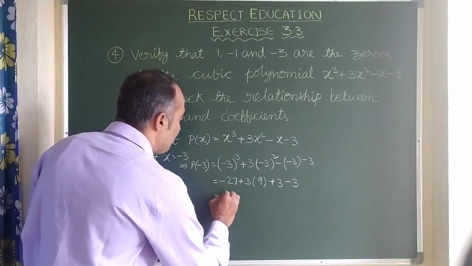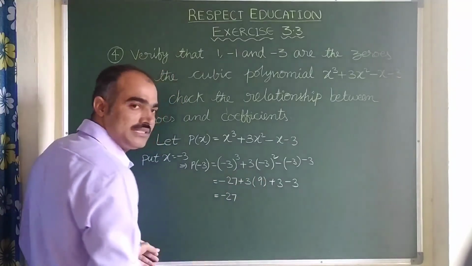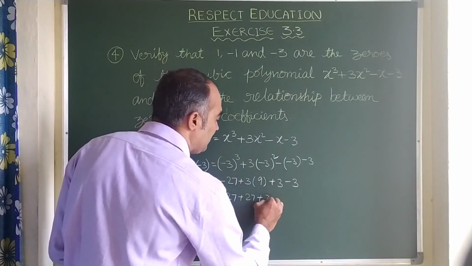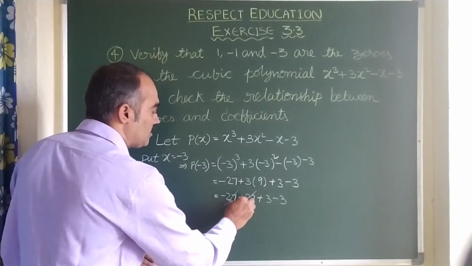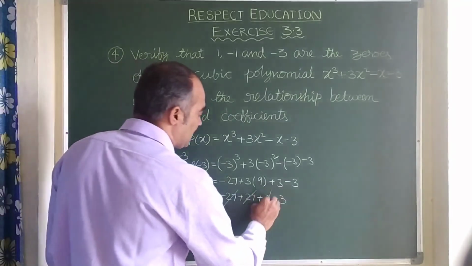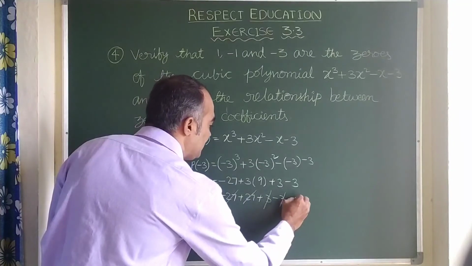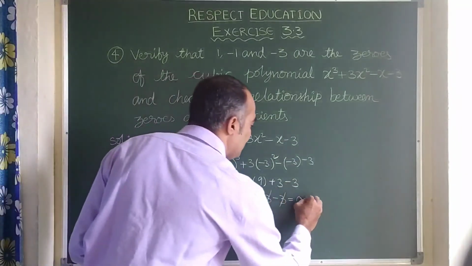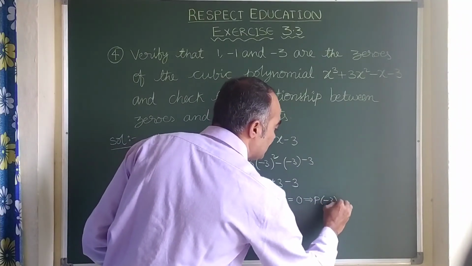Now minus 27, plus 3 into plus 9, plus into plus is plus, 3 nines are 27, and I am writing plus 3 and minus 3 as it is. Here you see minus 27 and plus 27 get cancelled, plus 3 and minus 3 get cancelled. So finally we get p of minus 3 equal to 0. Here p of minus 3 is 0.